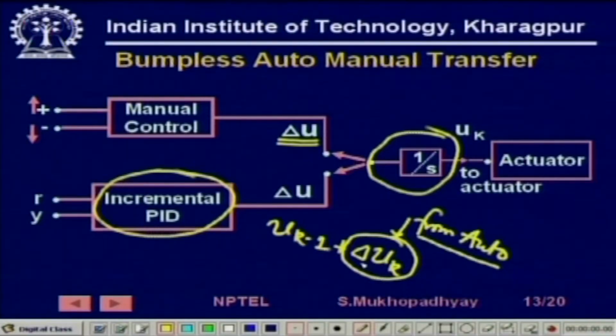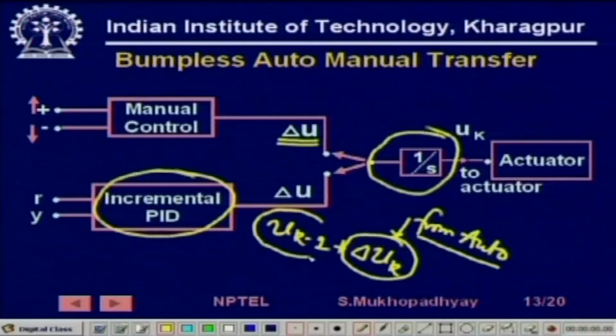But you see that this is actually a delta term, so it is an increment, so it cannot be very large. So the process will get the old manual input plus a little change which is due to auto, so it will not get a shock. So gradually these delta u(k)s will build up and will slowly take the process from one input to another input. So the transfer from manual to auto mode is going to be bumpless, that is the terminology which is used.